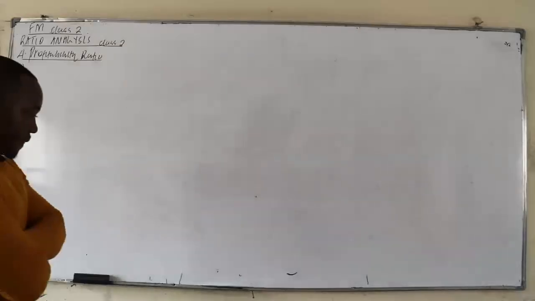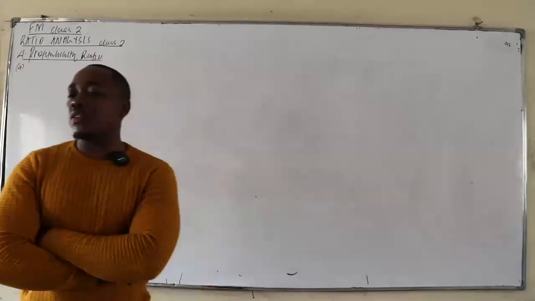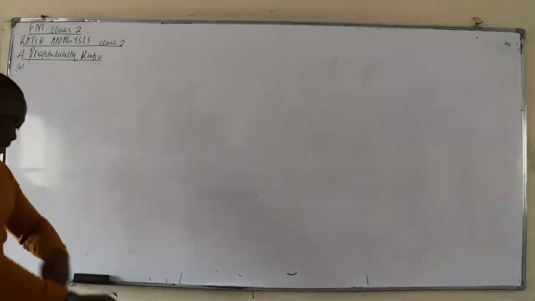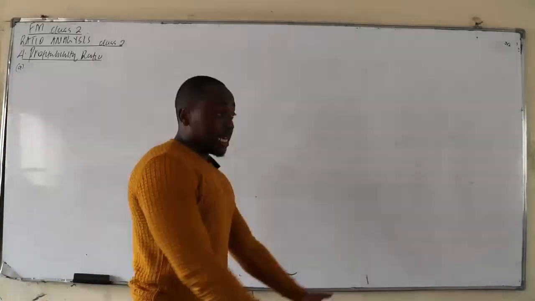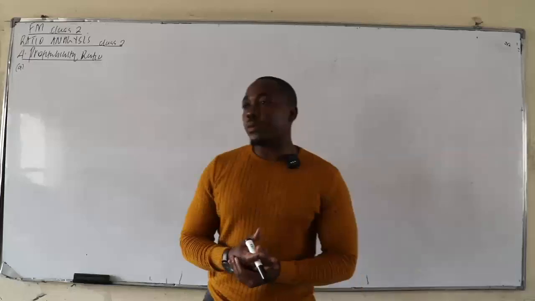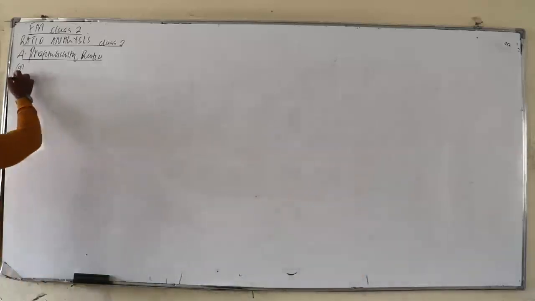Now let's start with the first one, A. Profitability in relation to sales. You see that? They include number 1.